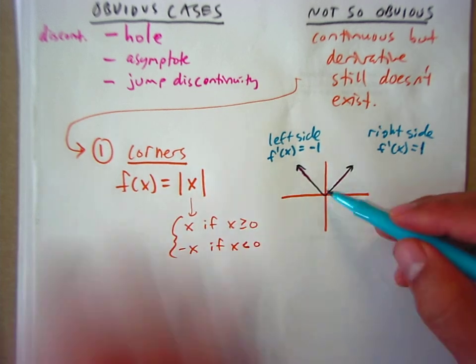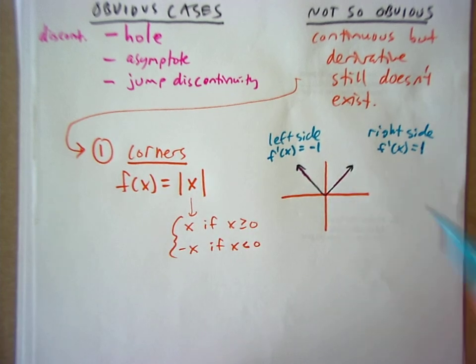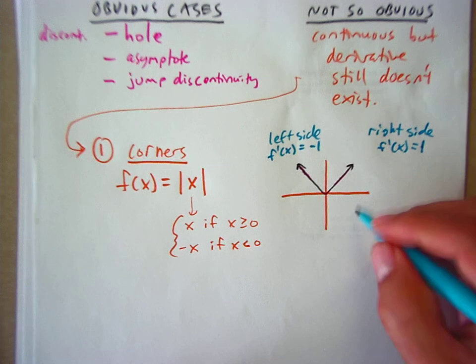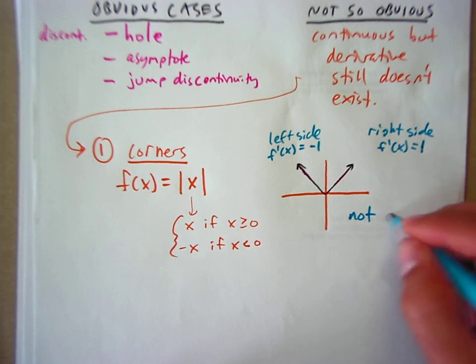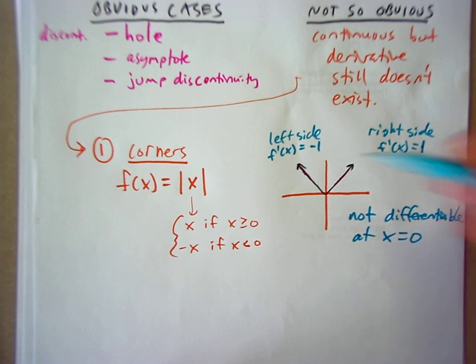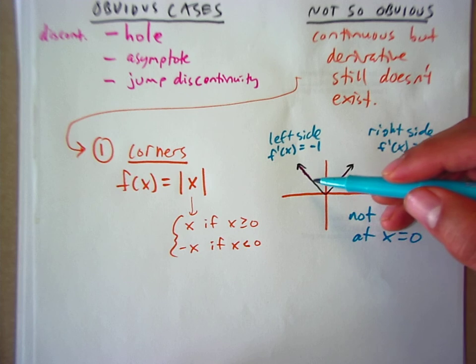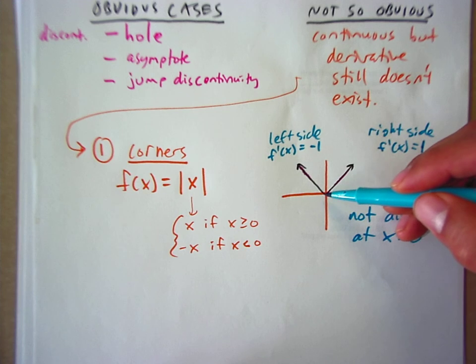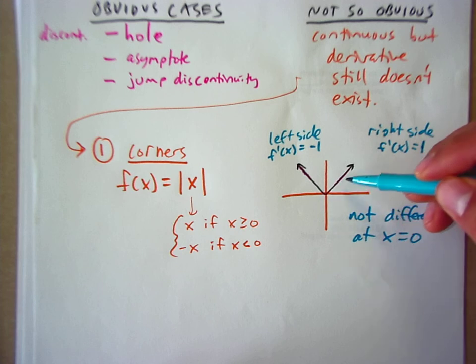And so we cannot find a derivative at 0. So it's not differentiable at x equals 0 because the slope is -1, -1, -1, and then we get to 0 all of a sudden. It's like an abrupt change, right?